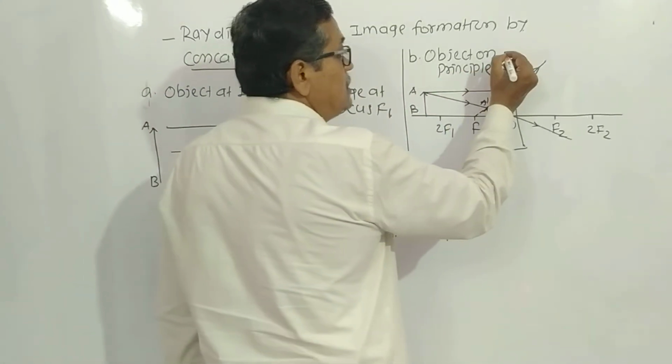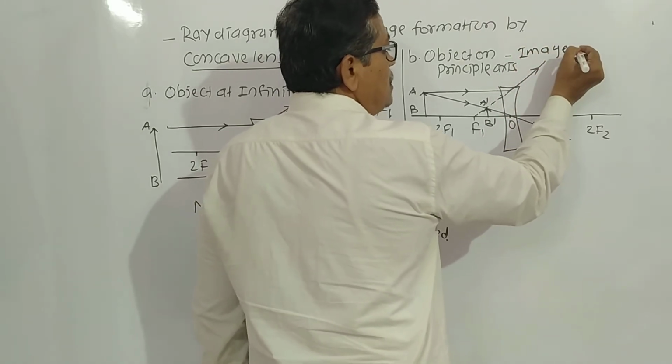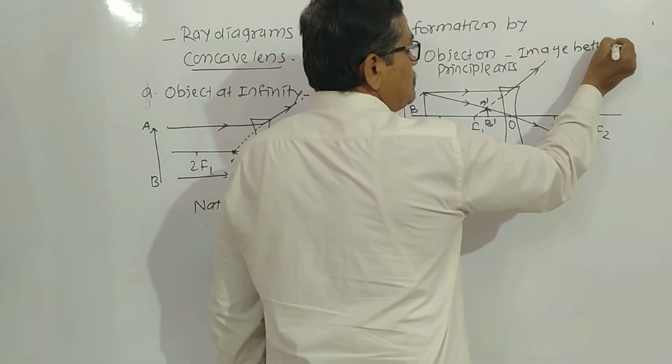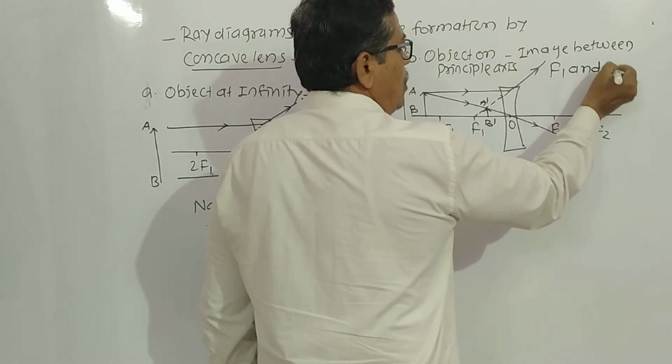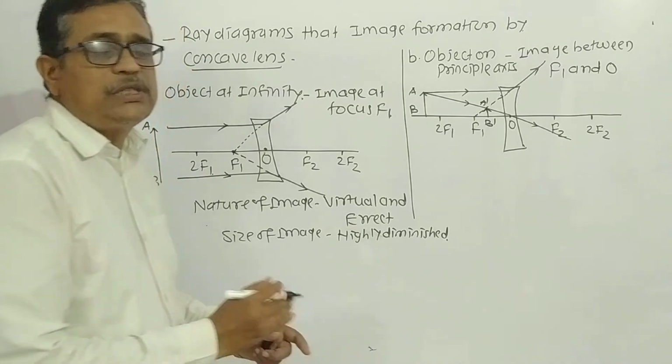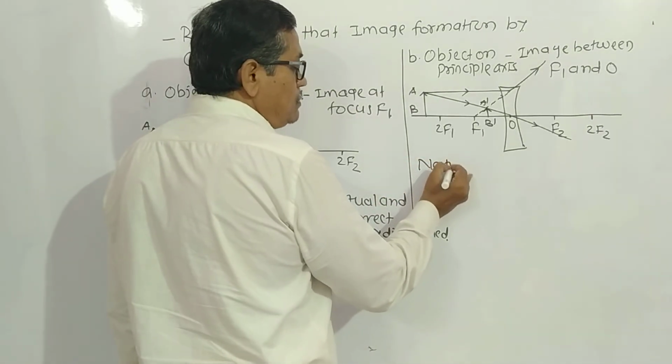Means object on principal axis, image between F1 and optical center O on the same side of the object. Then what is nature?